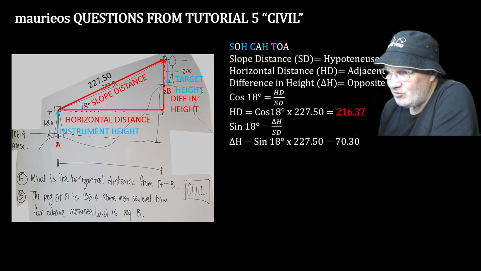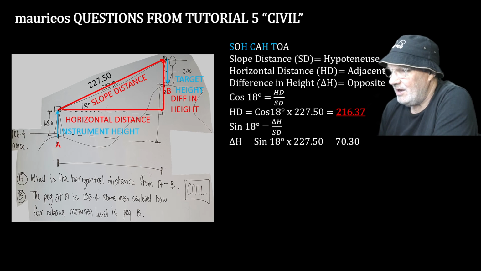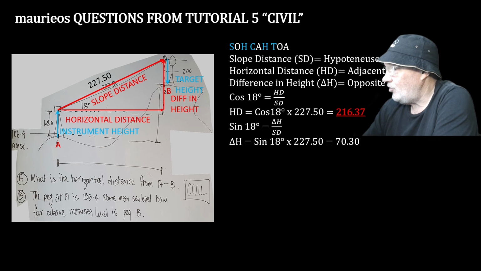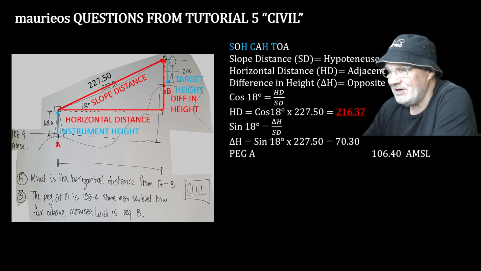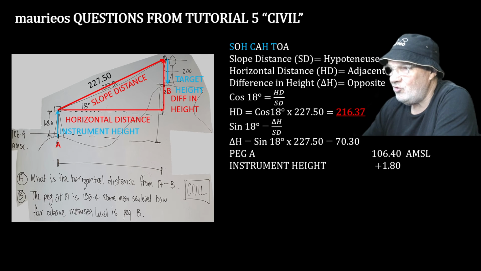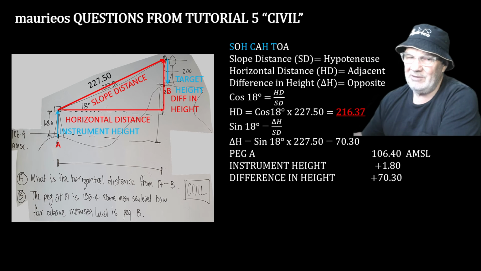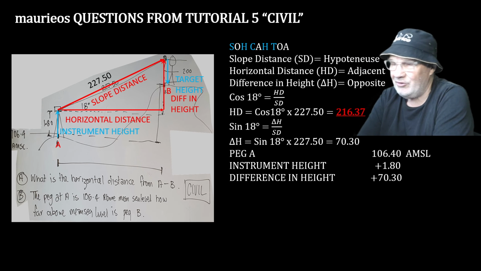Remember, the answer to part B is how high above mean sea level is peg B. So we've got peg A at 106.4. Then we add the instrument height, 1.8, that'll take us up to the instrument. Then I say apply the difference in height, because the difference in height can be either positive or negative.